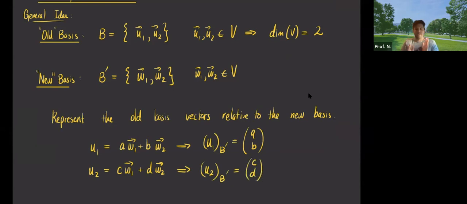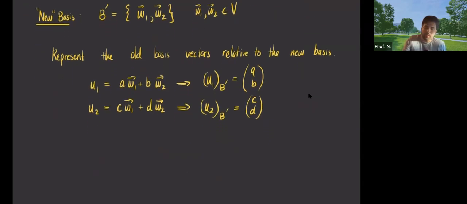So far, this is just from the definition of a coordinate vector relative to a new basis. So my old basis vectors are being represented in terms of my new basis vectors. Does that make sense? So far, so good.